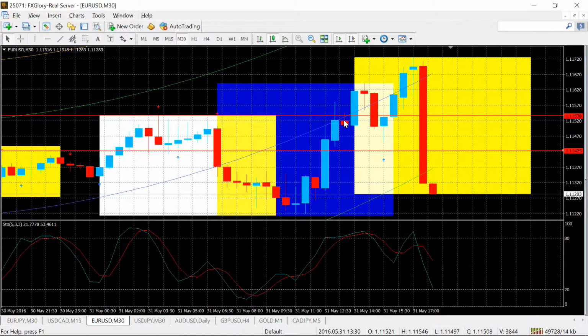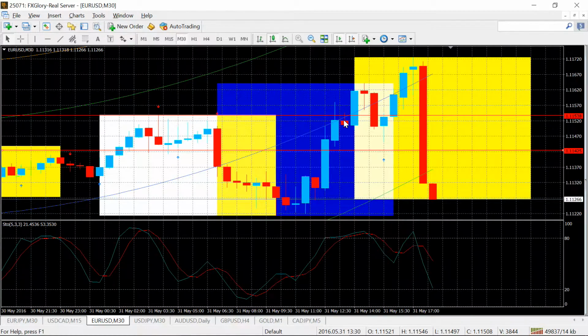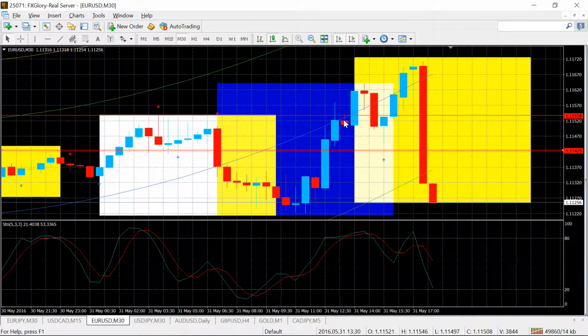Some of the major news events are the ECB, the European Central Bank, the BOE, the Bank of England, and the NFP, the non-farm payroll in the US. Those are some of the most volatile news events of the month. So learning how to trade the news is very, very beneficial and very, very profitable.